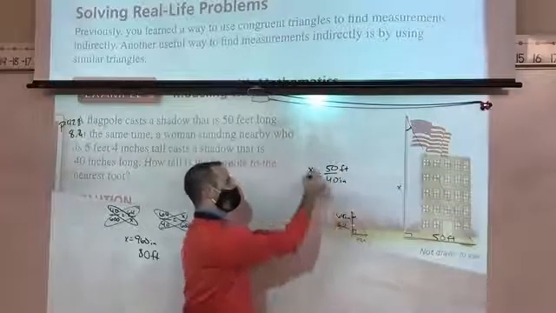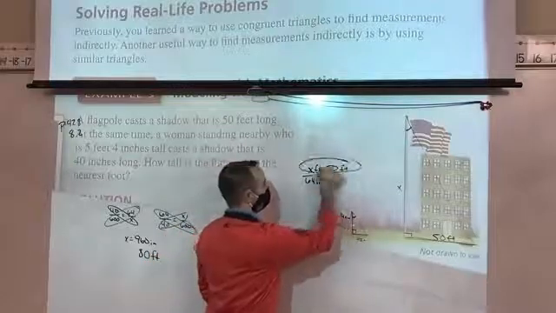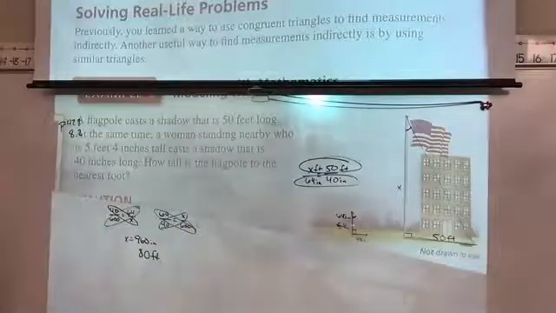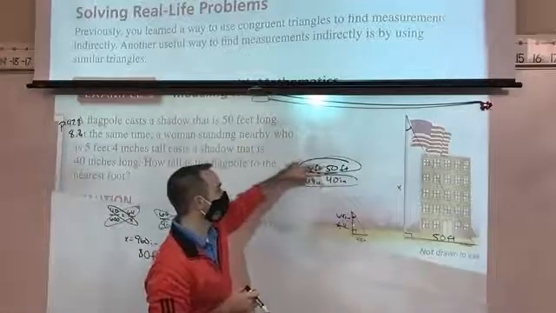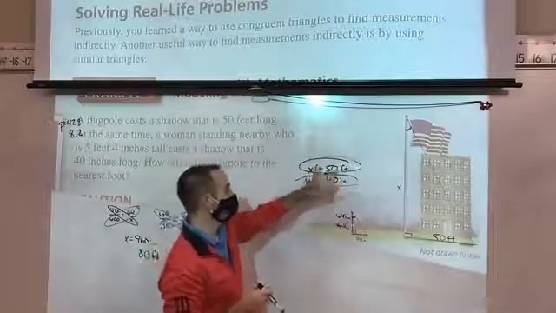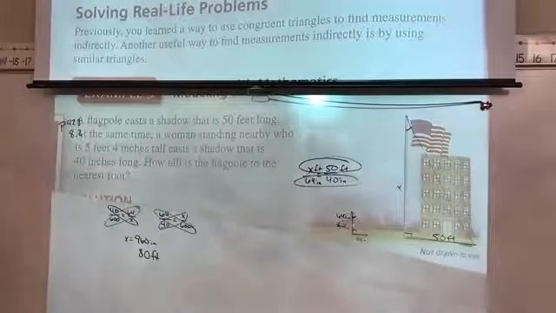And what am I looking for? I'm looking for a number of feet. So as long as you have two that are the same, we don't have to convert to create that proportion. Now if this was inches, feet, and we wanted inches, then yeah, convert it. But if you have 2 and 2 of the same labels, we're okay there, and we don't have to convert and then convert back.